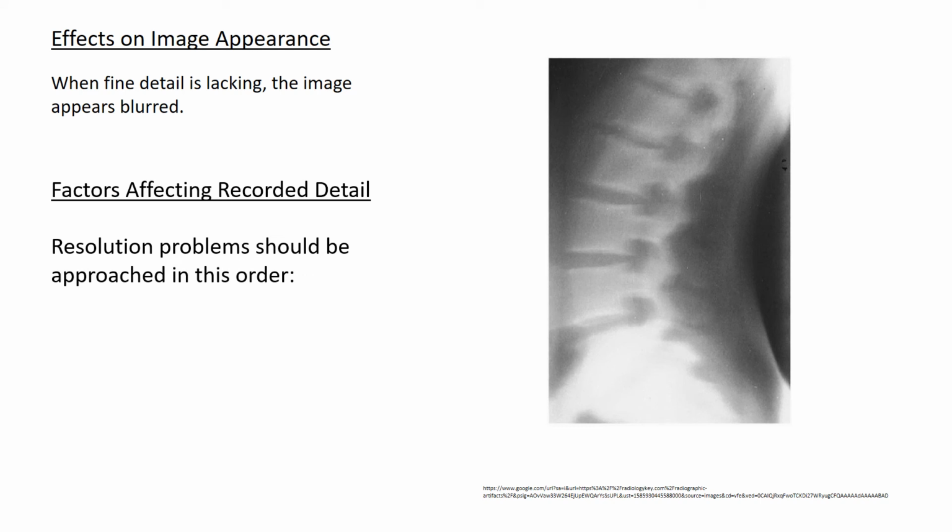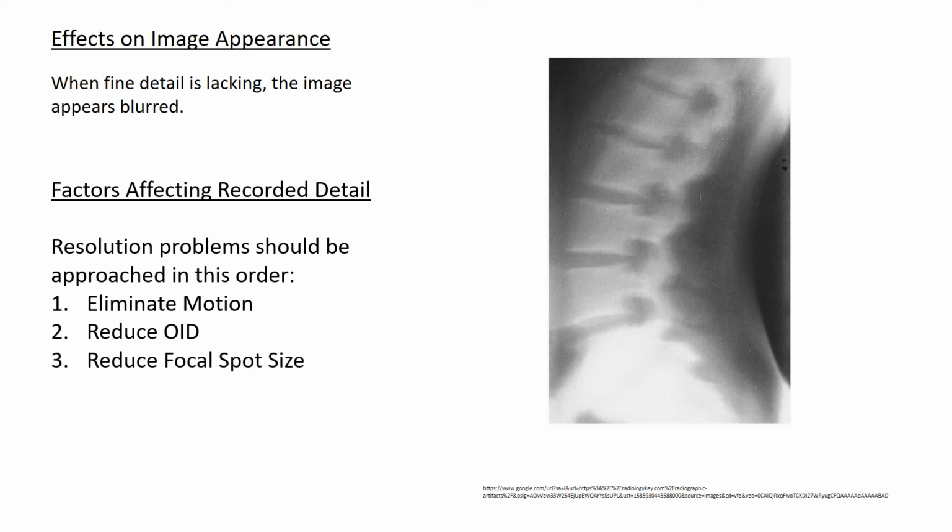Factors affecting recorded detail. Resolution problems should be approached in the following order. You, the radiographer, should do everything that you can to try and eliminate motion. You always should reduce your OID, get that part as close to the image receptor as is possible. You always want to reduce your focal spot size. Always use the smallest focal spot size whenever you can.